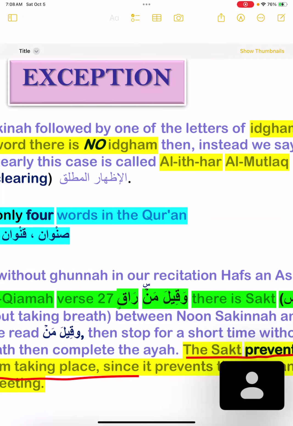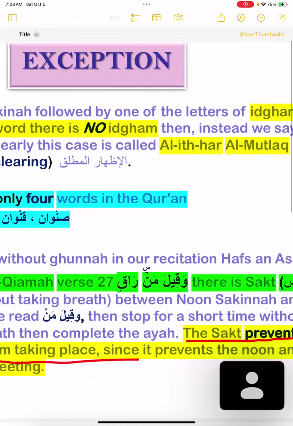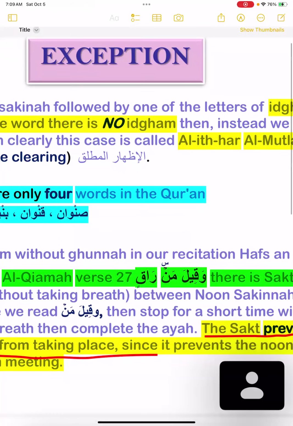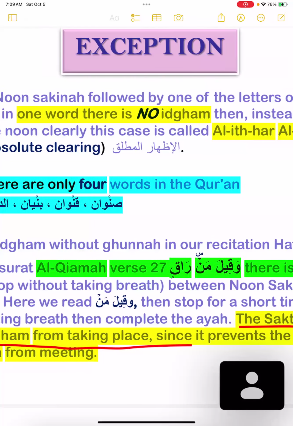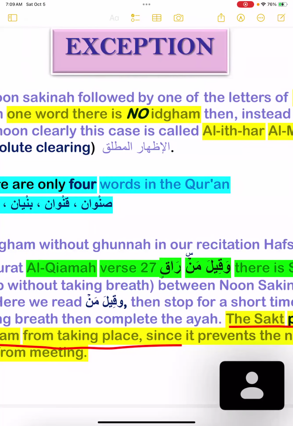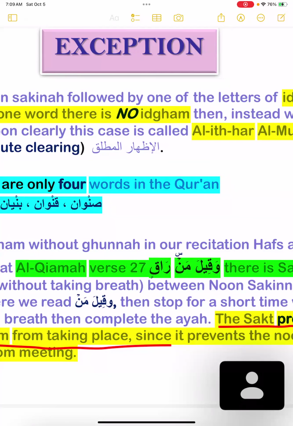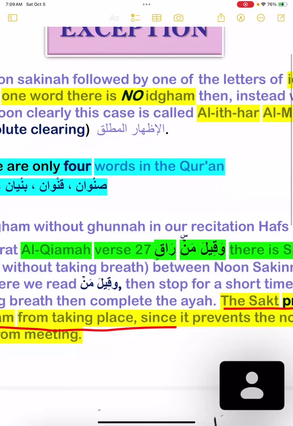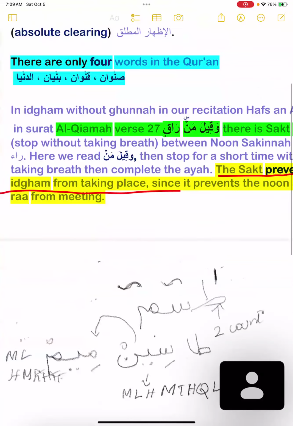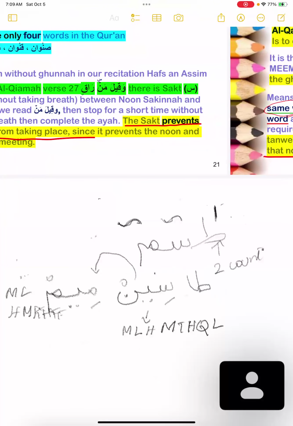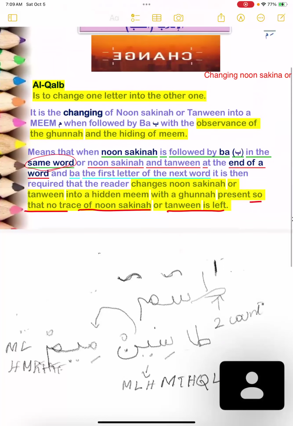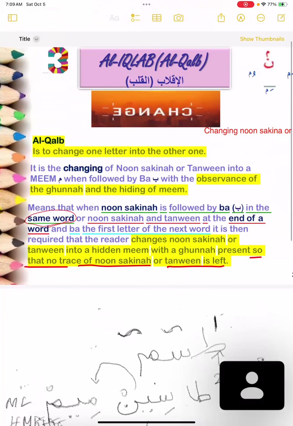But because you're doing a sakt over here, because you're pausing, because you see a seen there, the rule of idgham will not apply. In Surah Al-Qiyamah, وَقِيلَ مَنْ رَاقٍ. So you would not merge it; that would be a mistake. The sakt will prevent the idgham from happening.